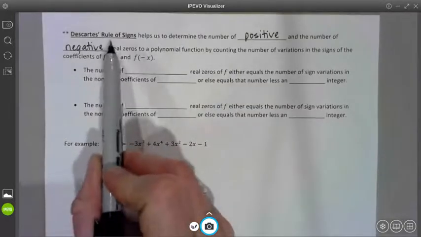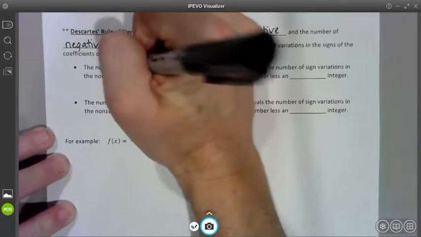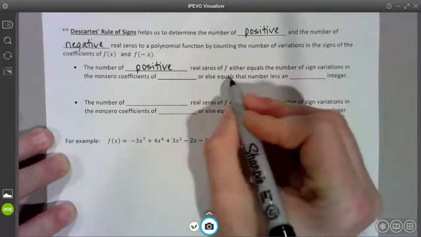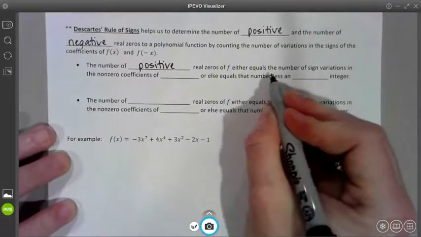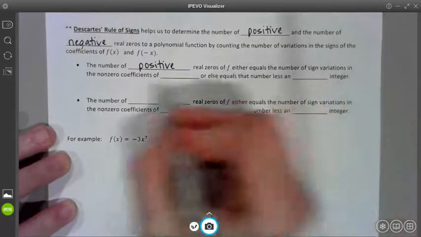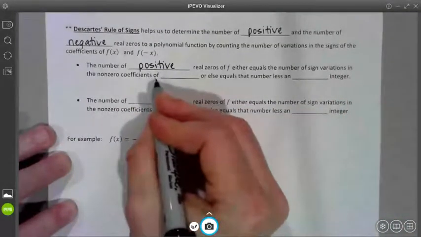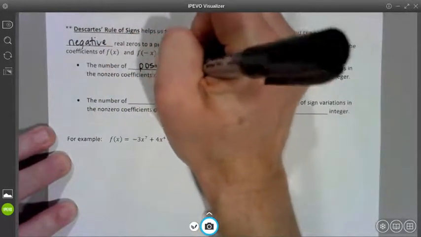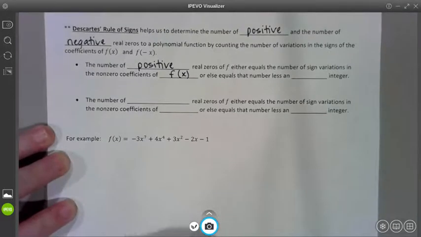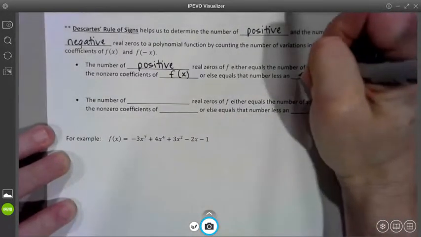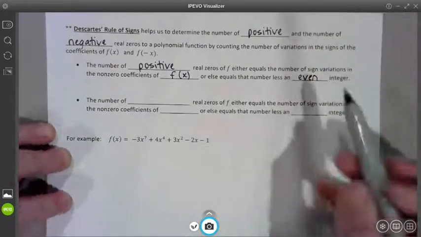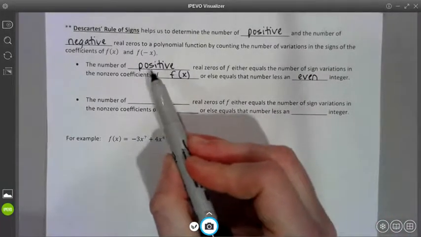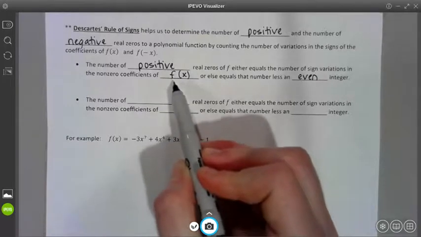So according to Descartes' rule of signs, the number of positive real zeros of f either equals the number of sign variations in the non-zero coefficients of f of x, the original polynomial, or else equals that number less an even integer. Now that's kind of confusing again. So all you're going to be doing is to find out the number of positive real zeros, you're going to take the original polynomial function.